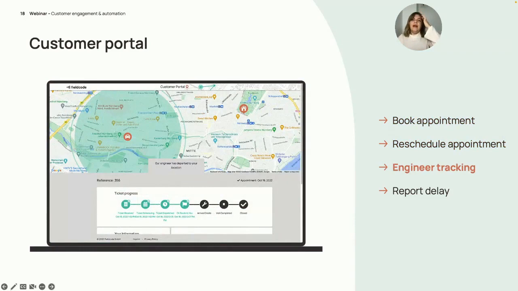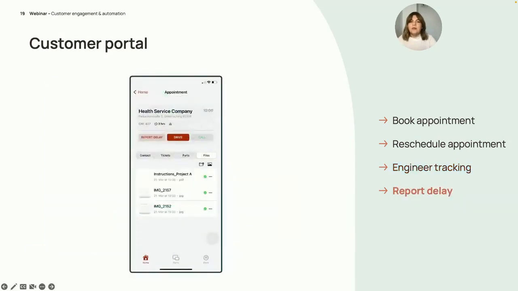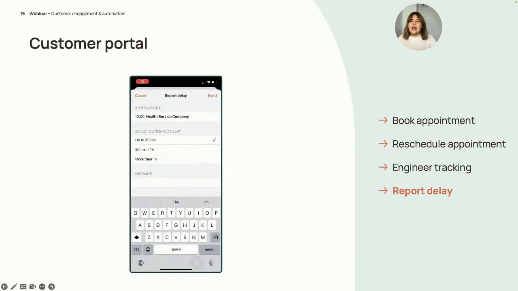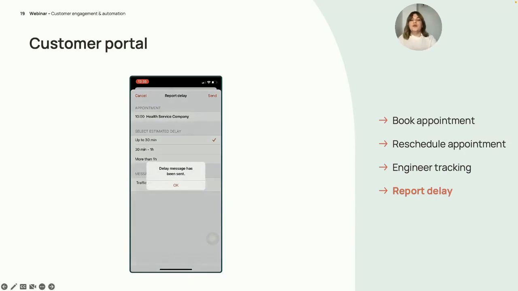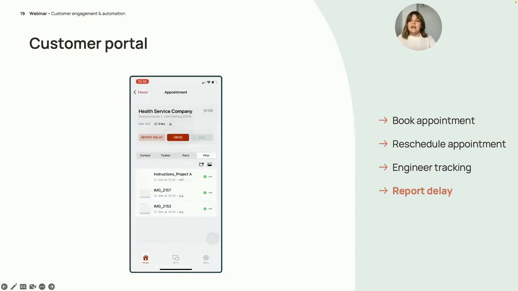And then when the appointment commences, the customer portal token link can then be used to track the engineer's expected time of arrival. And from the perspective of the engineer, he or she can use the FeelCode mobile app to report a delay in just 2 easy clicks.